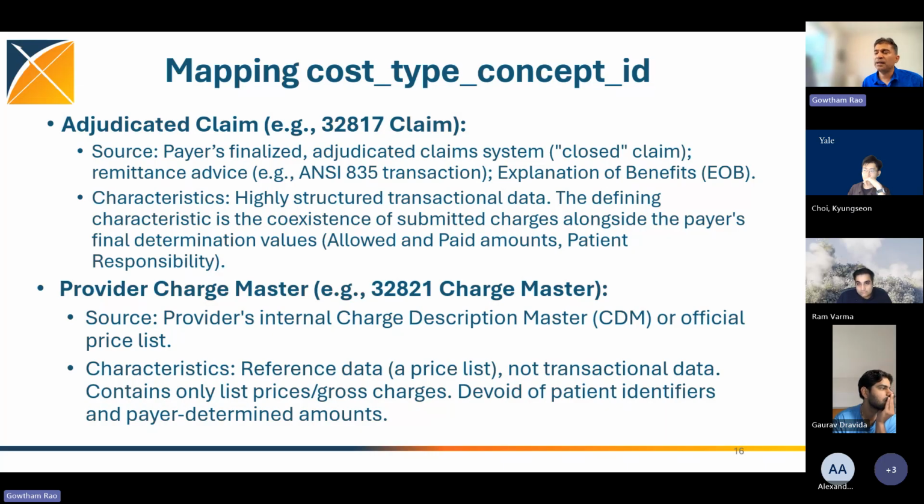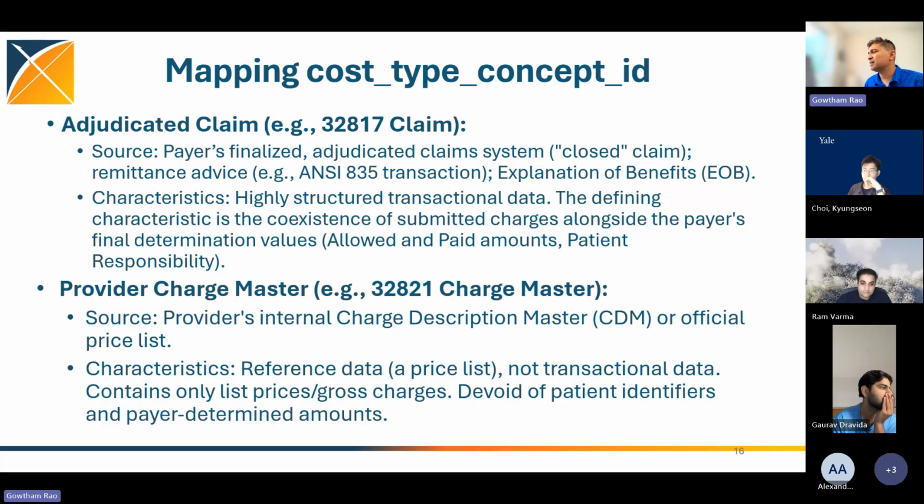Of course, it may not be payable by contract, but just because it was not payable by contract doesn't mean that the patient didn't receive care. So pre-adjudicated claims has its own value, but there is a need to differentiate between adjudicated claim and pre-adjudicated claim.